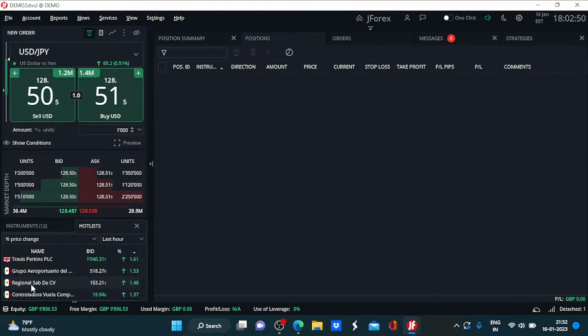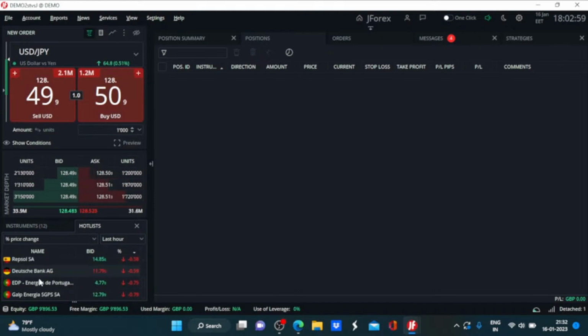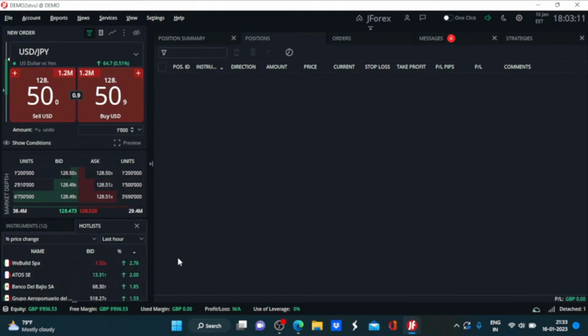These are Mexican stocks, and some are from other countries as well. If the US markets were open, we would have seen US stocks also featuring here, but since we have a US session holiday, there are no US stocks.